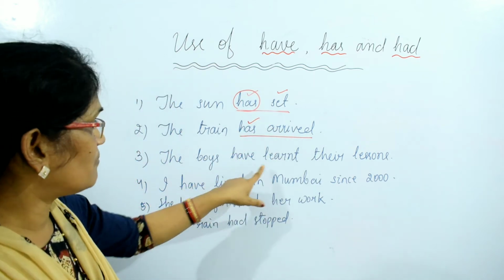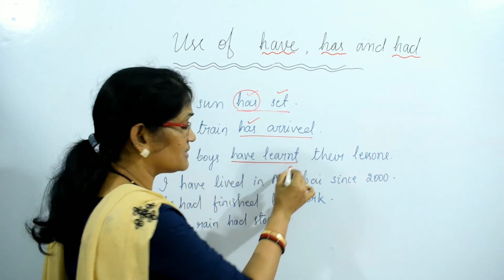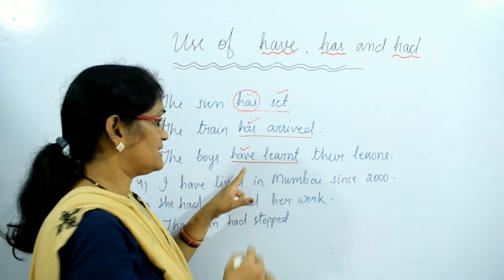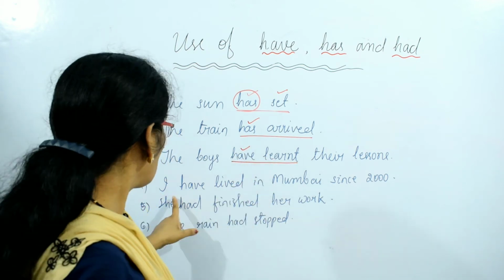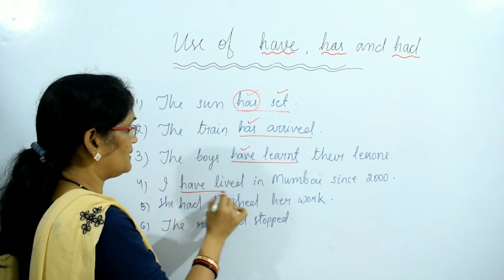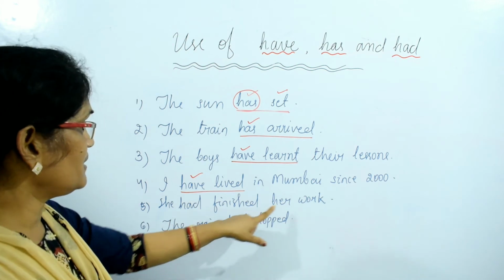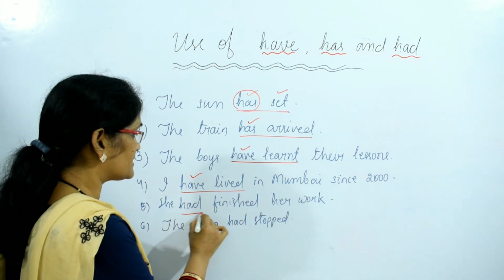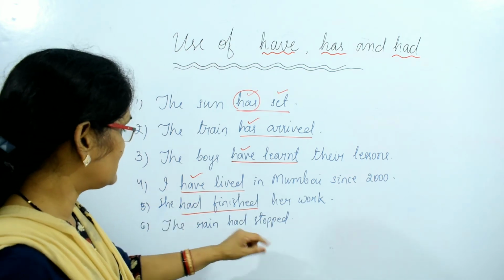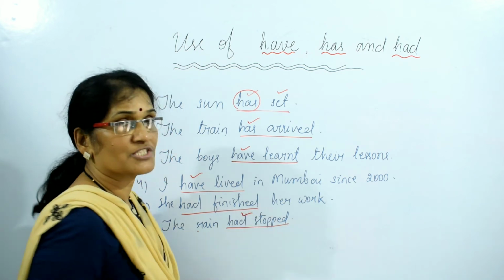The boys have learnt their lessons. Here have learnt is a verb phrase. In this verb phrase, have is the auxiliary verb. I have lived in Mumbai since 2000. Have lived, have is the auxiliary verb. She had finished her work, had finished, had is the auxiliary verb. The train had stopped, had stopped, had is the auxiliary verb.